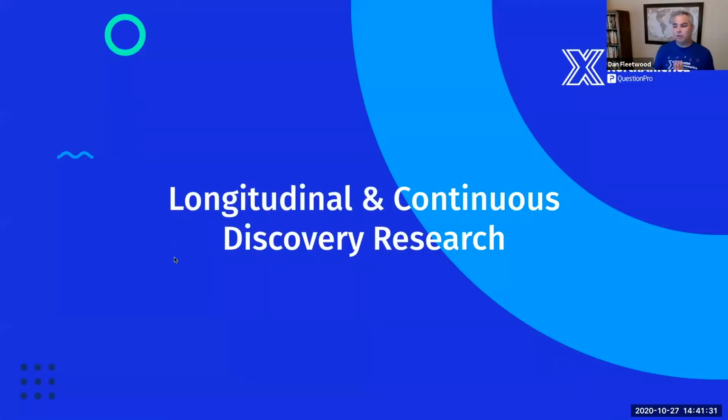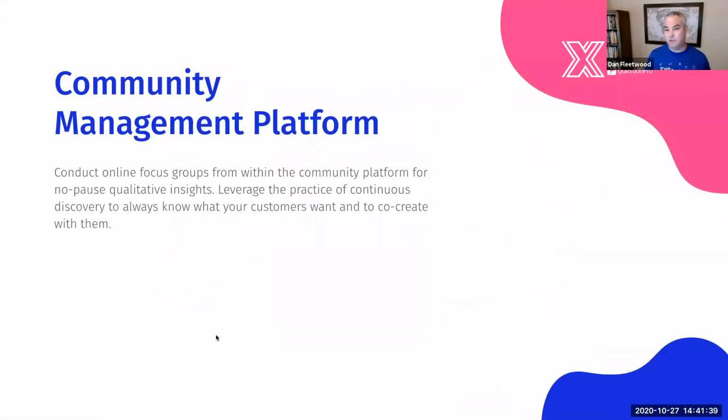So let's talk about longitudinal and continuous discovery and dive into those a little bit more. Really what I mean by this is using our community management platform. You can conduct online focus groups from the community platform, with the functionality that we have now, but really it's a way to get that continuous discovery with your customers. We talked a lot today about unmet needs and how we figure that out.